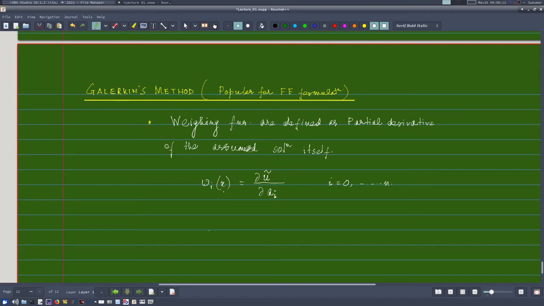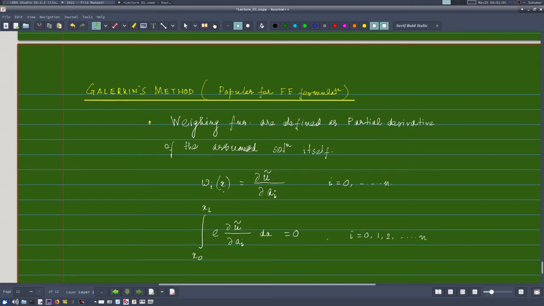And therefore, when I use the Galerkin method for all these n values of i, I will get this equation of total weighted residual, which says from x naught to xL, the integration of the error times the weighting functions, where my weighting functions are none other than del u tilde del a_i, dx equal to 0, for i equal to 0, 1, 2 up to n.